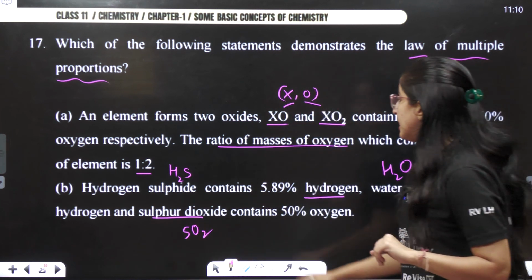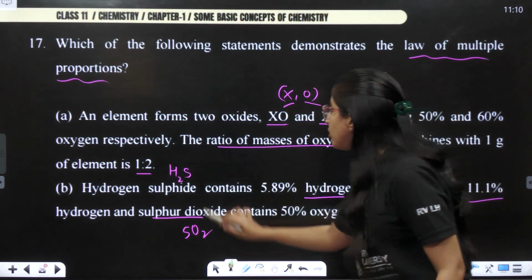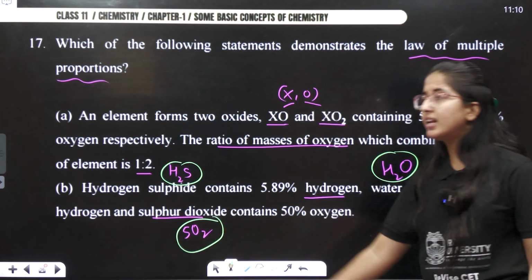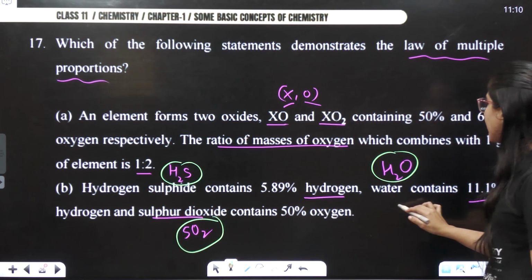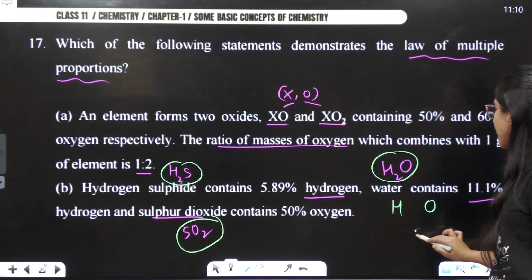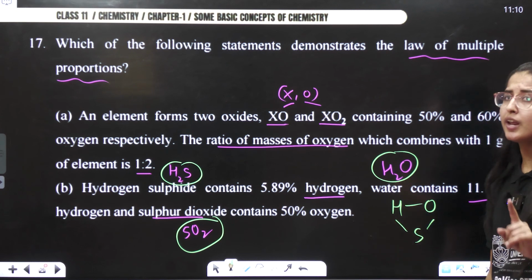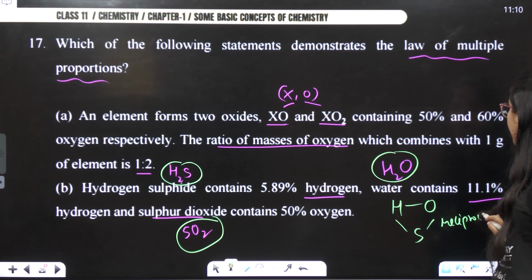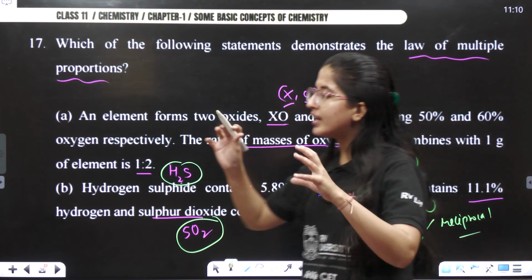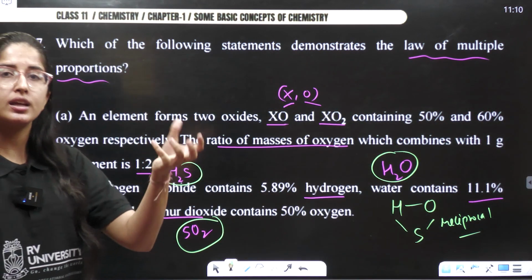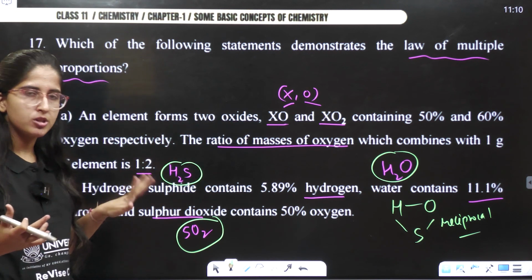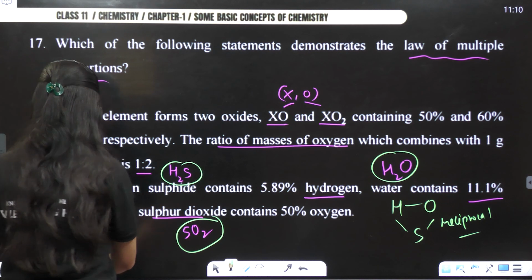So clearly here they are talking about hydrogen sulfide, water and sulfur dioxide. Together it contains what type of elements? Hydrogen, oxygen and sulfur. So is this a reciprocal proportion? Yes, if you compare three different elements, out of which two elements combine in proper ratio giving a third compound, that is reciprocal proportion. So it is a wrong option.